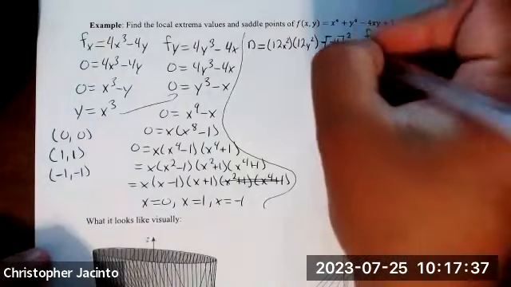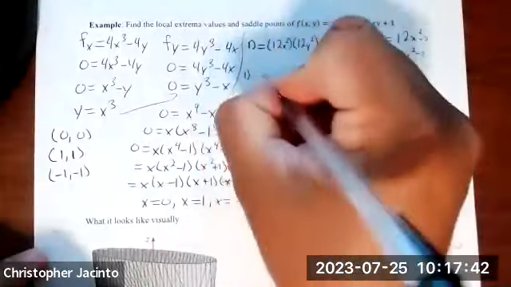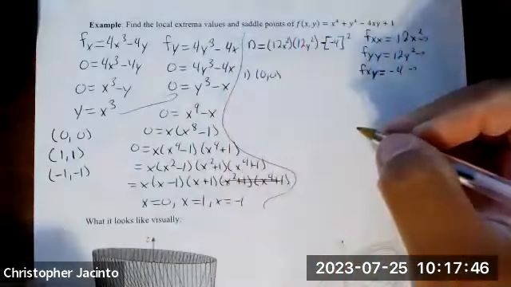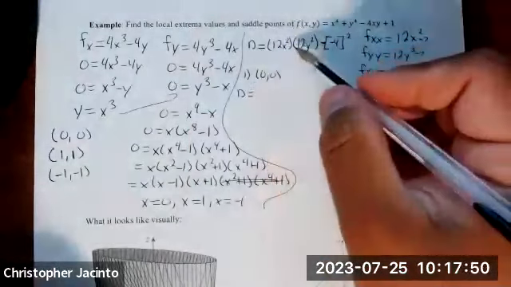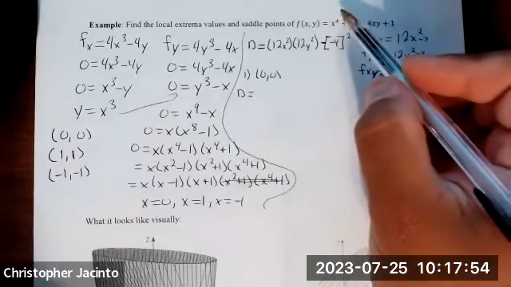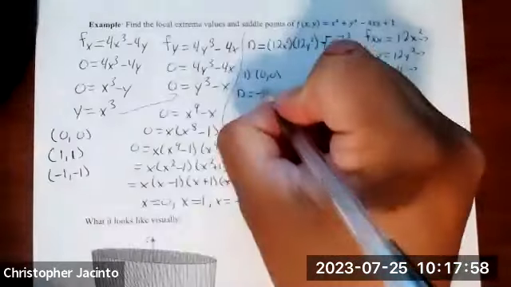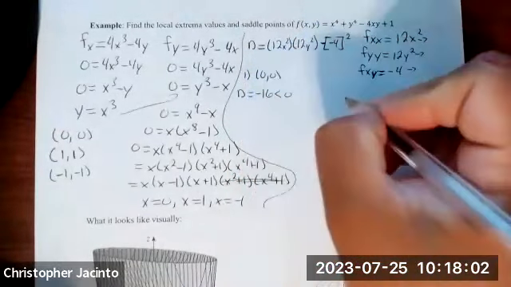Okay. Now that we have that, we got to check each individual point. So we're going to just go down the list. So the first one, we'll use 0, 0. Okay, so first we got to find d. So plug in 0, 0 for x and y. You guys agree all of that just goes away. And we get positive 16 minus, so it'll be -16. Well, -16 is less than 0.